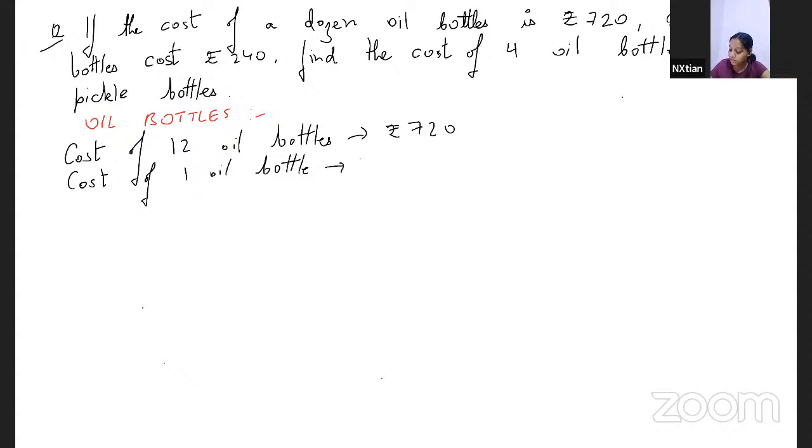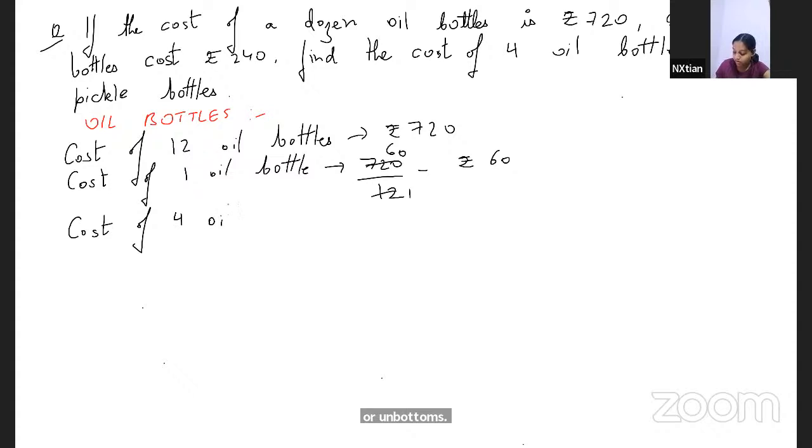Rupees 720 divided by 12. It will be 60. Then cost of four oil bottles. Four into 60. It is 240.